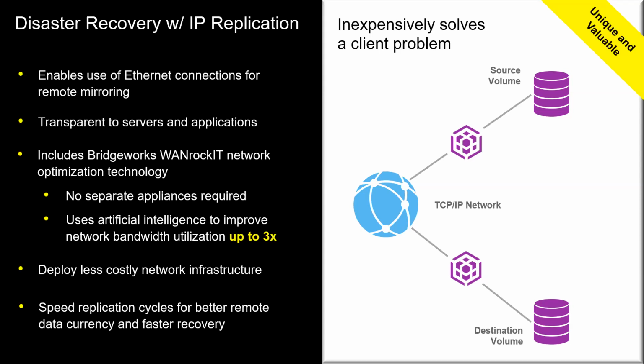This is ideal for small systems, as well as those located in areas where fiber availability is limited or too expensive. For the FlashSystem 5000 series products, IP replication is available, and of course it's chargeable.